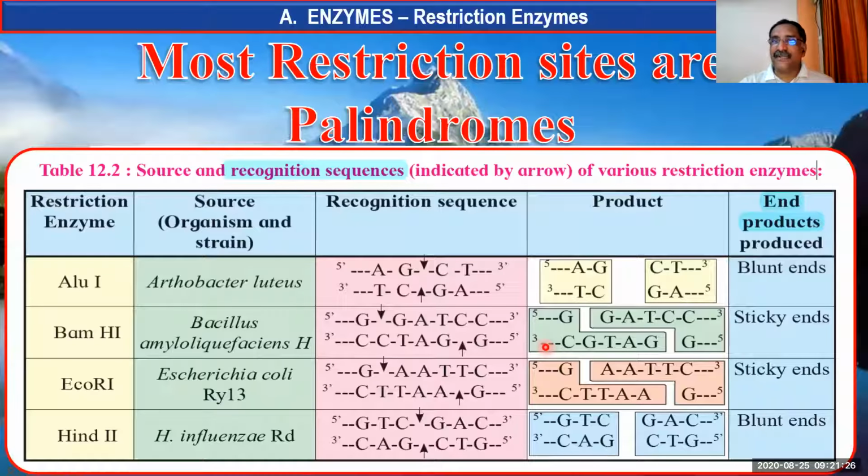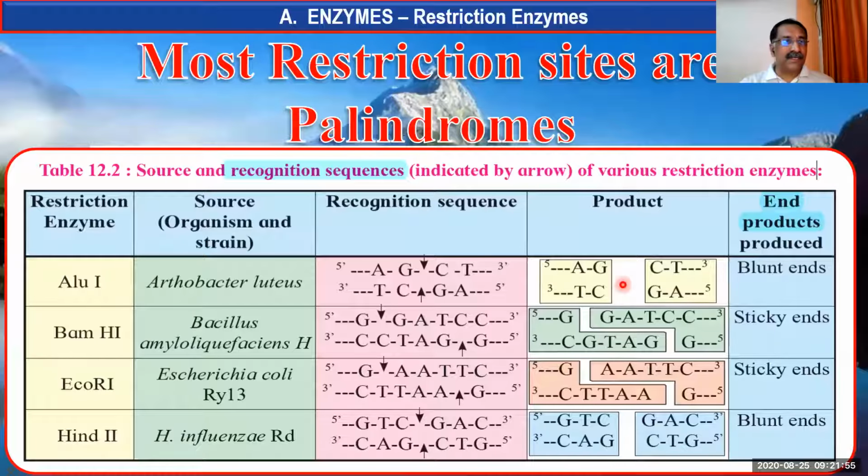When we use restriction enzymes, you get two types of products. One type has sticky ends like this, which can be used for joining with other complementary DNA segments. But there is another product you get.